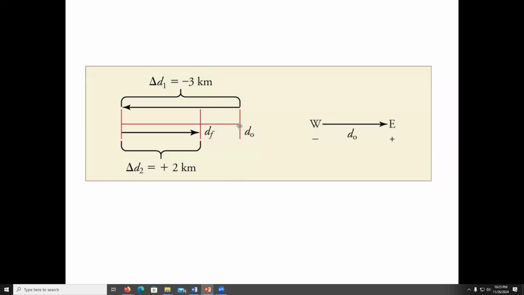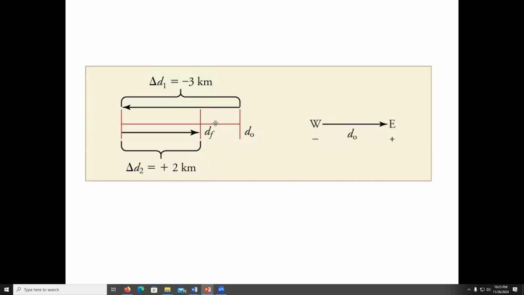So I am 1 kilometer away from my initial position in the negative direction. So this is divided into 3 kilometers, 1 kilometer, 2 kilometers, 3 kilometers. So my final position is at -1. My initial position is 0. So my displacement is -1.